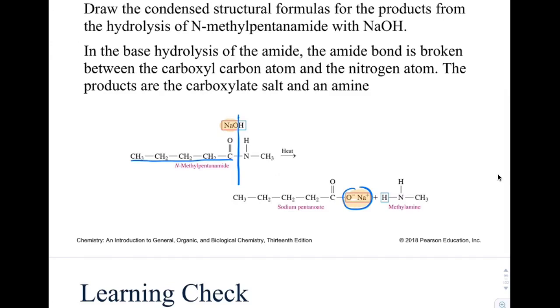And then the other side is gaining NH. So you can tell what you're going to make. Methyl on the end, so that's methylamine. And then pentanamide is not pentanoic acid, and I just automatically go there, not pentanoic acid, because it's in a base hydrolysis, pentanoate, and then whatever your strong base is what goes in front, so this is going to be your sodium pentanoate.